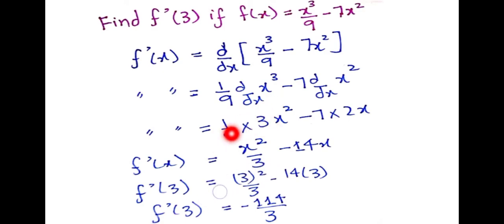And simply by simplifying and cancelling out, it becomes x square over 3 - 14x. Here we are asked to find the derivative of the function at a particular value which is 3. So we replace that x with 3, and here also we replace x with 3, and find that f derivative 3 is equal to -114/3.